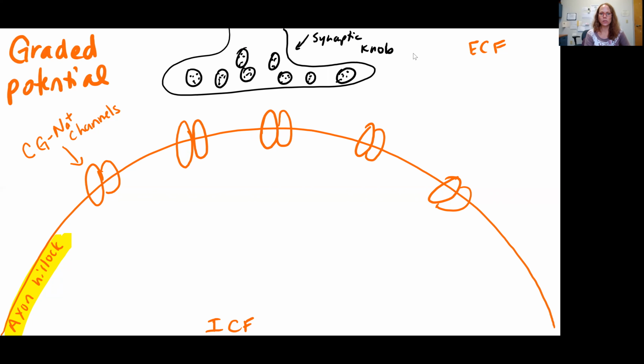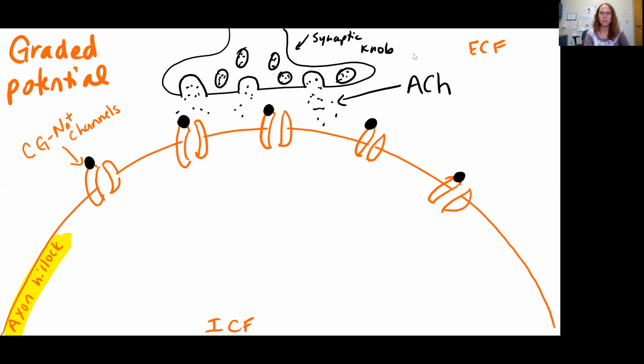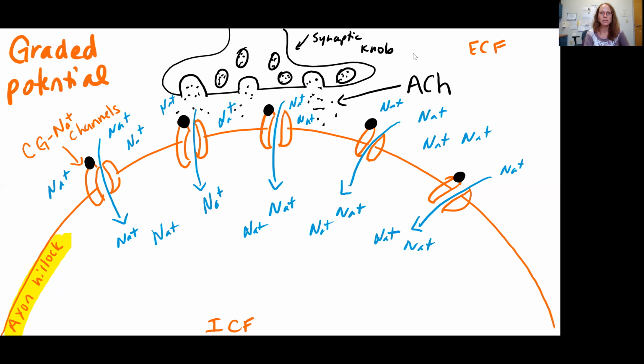And we already mentioned that in the axon hillock, we have chemically gated sodium channels. So this is very similar to what you saw in skeletal muscle contraction at the neuromuscular junction. You had the motor end plate that contained chemically gated sodium channels. We're going to see a synaptic knob will release acetylcholine. That's our chemical that binds to our chemically gated sodium channels. Those channels open and we get an influx of sodium into our cell.